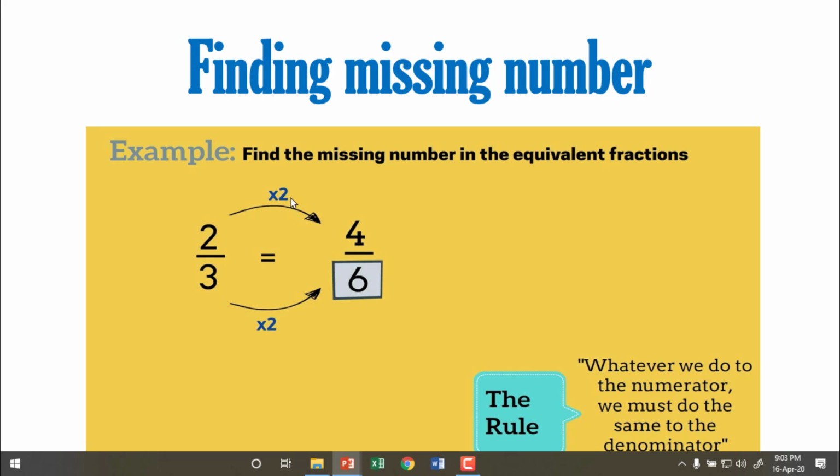If we multiply 2 by 2, we get 4. As 2 is multiplied with the numerator, we have to multiply 2 with the denominator also. So 3 multiplied by 2 is 6. So our missing number will be 6.